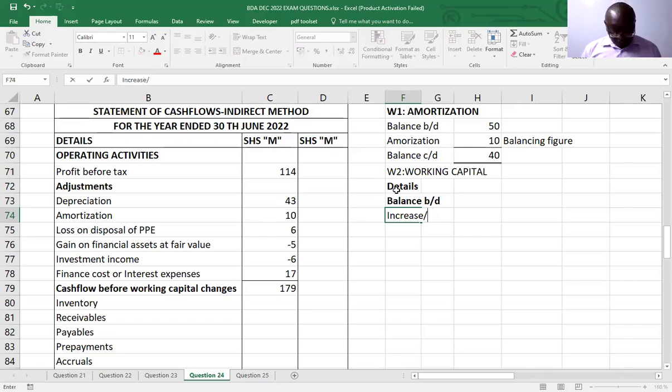Decrease should be negative, according to the way we want to put it. We close the brackets. Then we have the balance carried down.